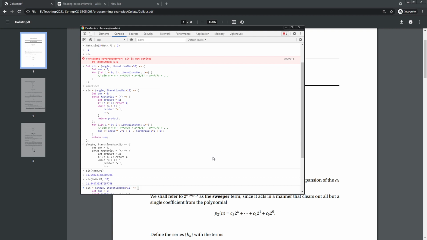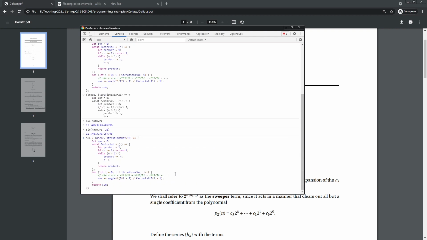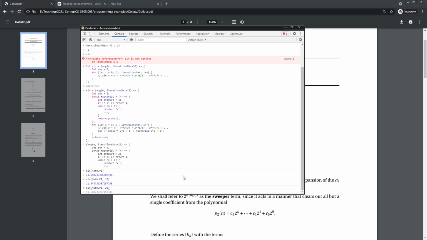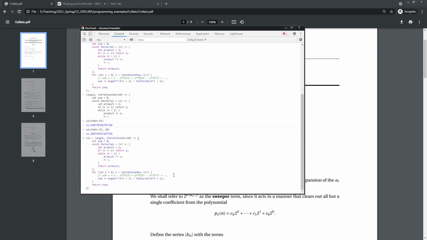Okay, so we need to modify it so that, let's start off with the sign, the positive or negativeness of the number, as being 1. And then we'll just update it each time.